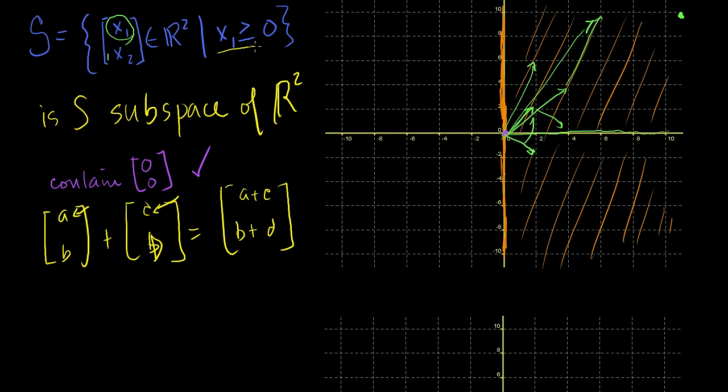That was my requirement for being in the set. And we don't care what the second component is; it can be anything. I didn't put any constraints on the second component of my vector. So it does seem like it is closed under addition. Closed under addition.